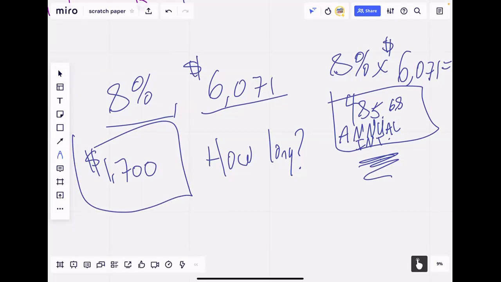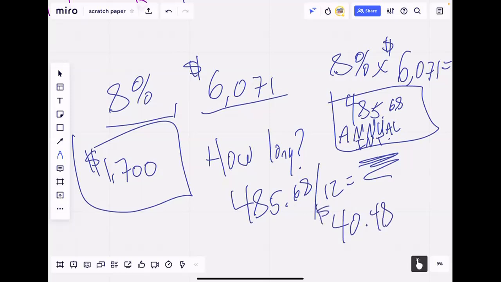Well, I think you would have to divide by 12 because that would give you your monthly. So do 485.68 divided by 12. I get 40.47. Yep, so 40.48 rounding up. And that's your monthly interest.